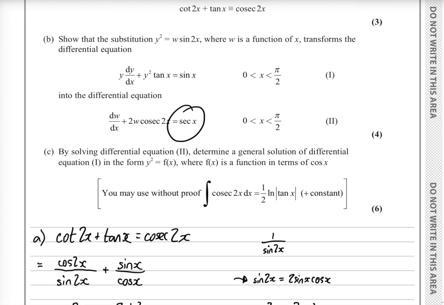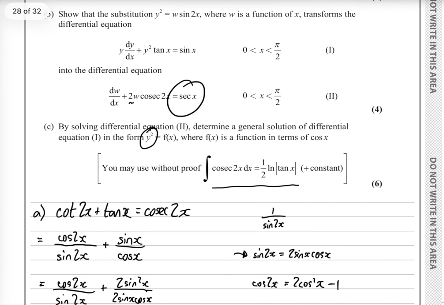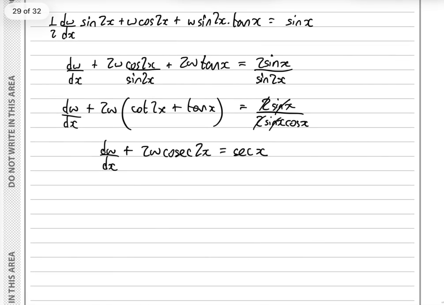Part C, by solving this one that we've just created, determine a general solution for the first one in the form y squared equals. And they've very kindly given us an integral here to use. That's great, because when we use our integrating factor, I can see that that's what we're going to have. We're going to have 2 cosec 2x as our p. Start writing this down.